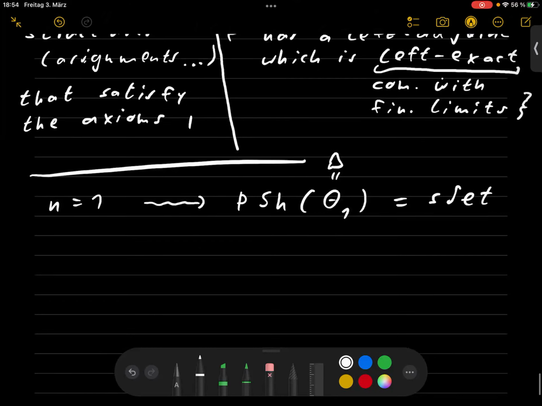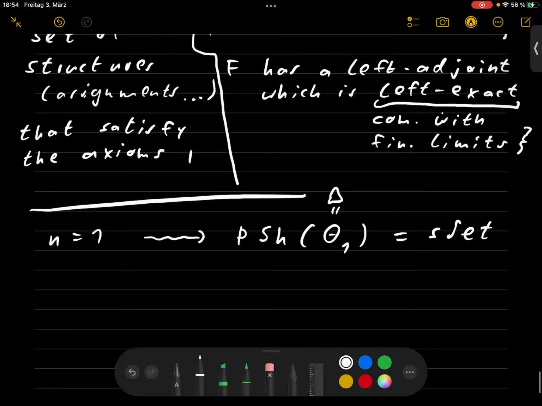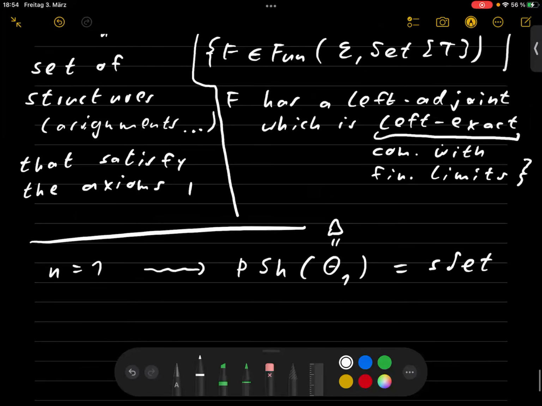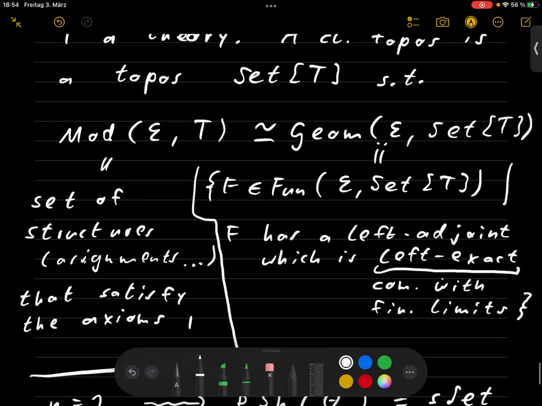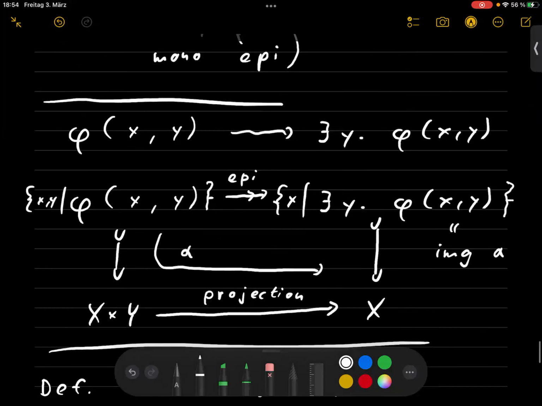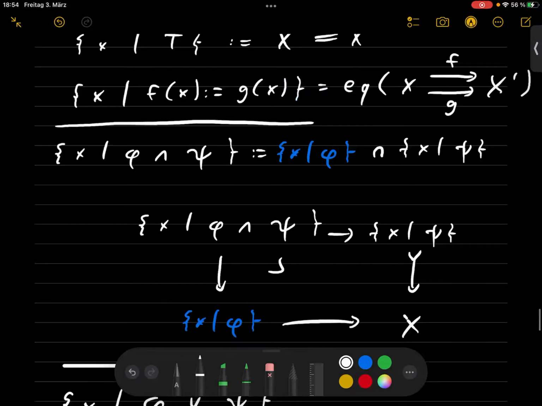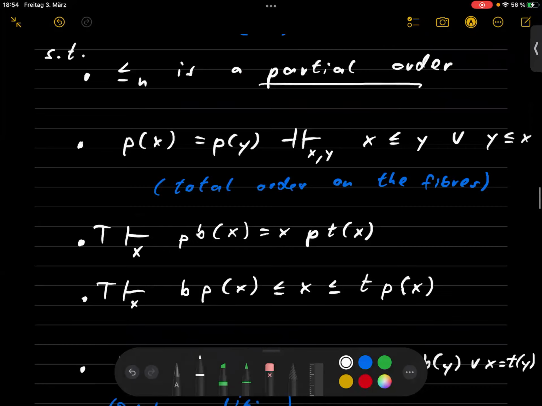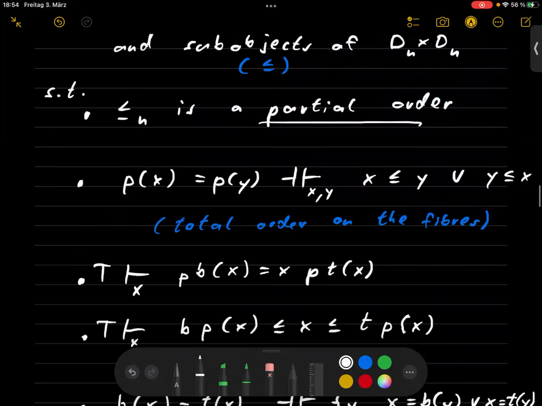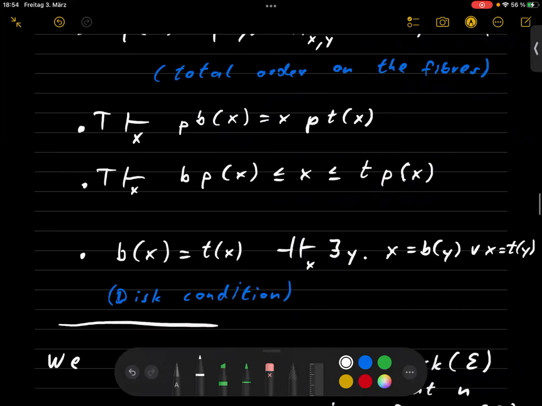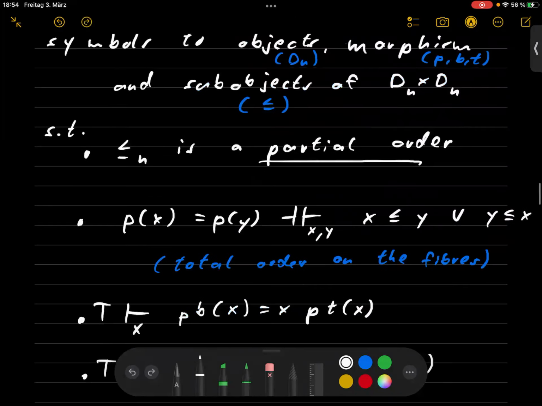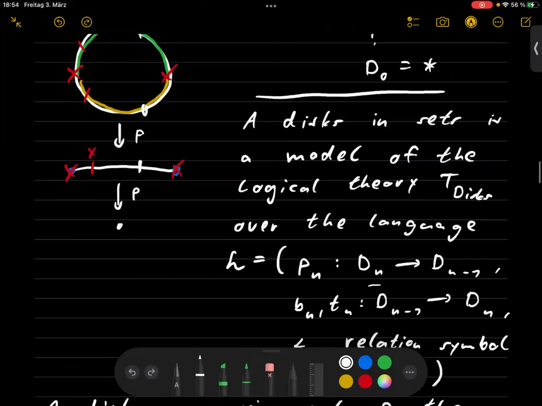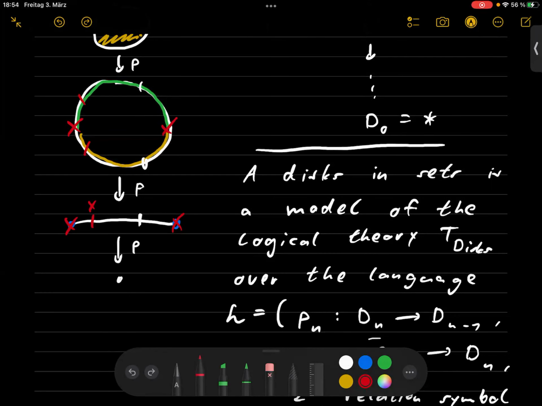And what is a one disk? We can look this up in the definition from the top. So a one disk is this. A one disk just has these conditions, and there's essentially only one projection and one inclusion of B and T, namely in this part here. So this is the only thing that happens when n is 1.